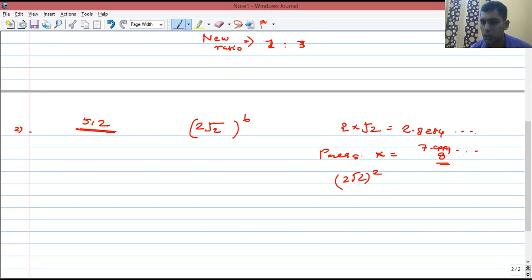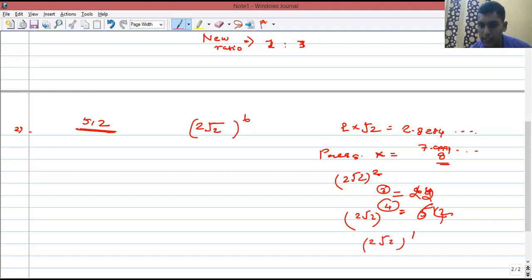Once again press equal to, that will be power 3. Once again press equal to, you will get the power 4 answer. That is 8, 64 and then 512. 2 root 2 power 6 is actually 512.